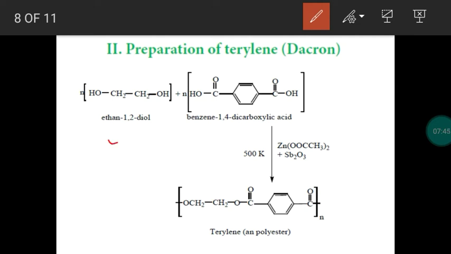This is called ethylene glycol, IUPAC name ethane 1,2-diol. This is called terephthalic acid, IUPAC name benzene 1,4-dicarboxylic acid. The monomers are heated at 500 Kelvin in the presence of zinc acetate and antimony trioxide. We get the polymer Terylene.